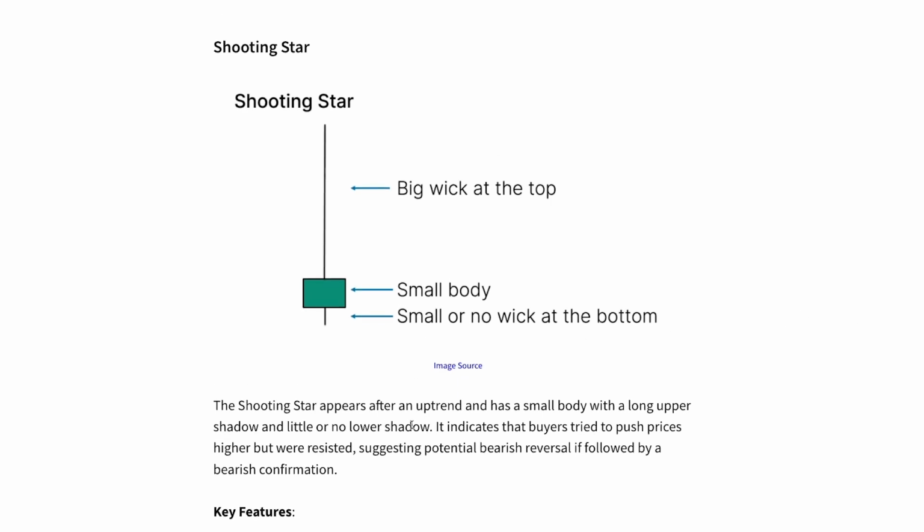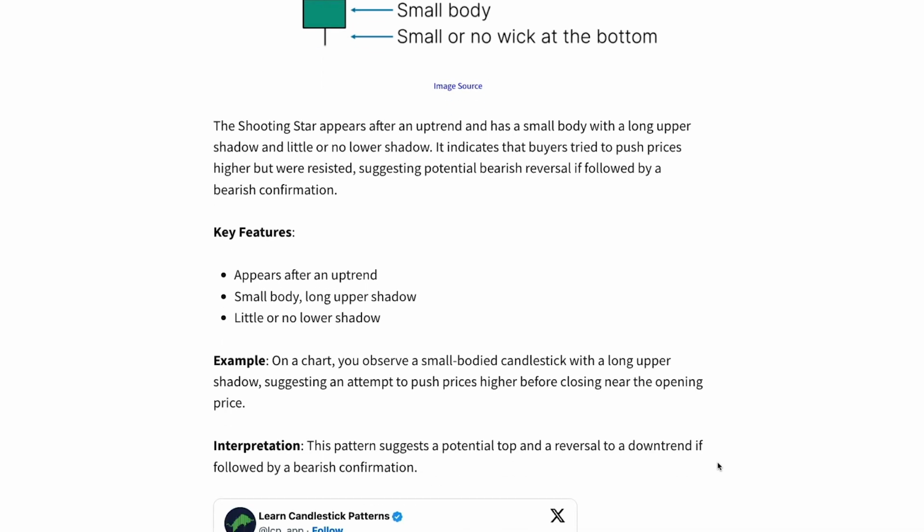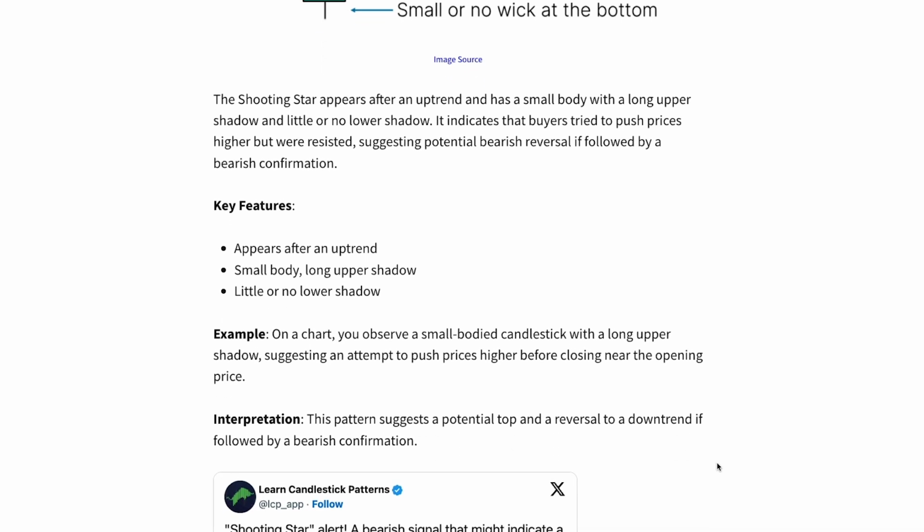Shooting star appears after an uptrend as a small body with a long upper shadow, and little to no lower shadow. It indicates that buyers tried to push the prices higher but were resisted, suggesting a potential bearish reversal if followed by more bearish confirmation afterwards. So it appears after an uptrend, small body, long upper shadow.